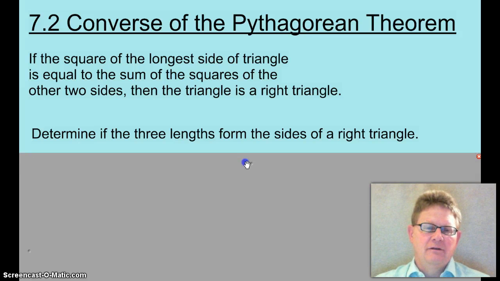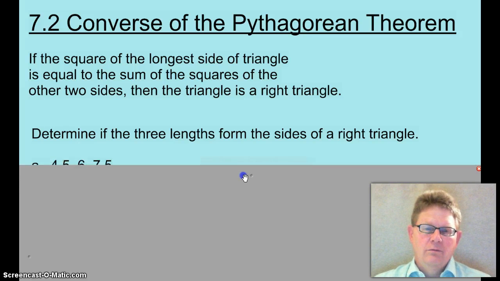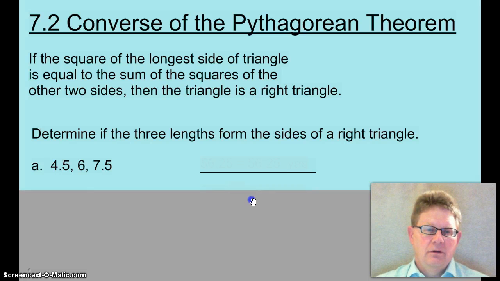Determine if the three lengths form the sides of a right triangle. 4.5, 6, and 7.5. So what you're going to do is find the longest side, which is 7.5, and go 7.5 squared.